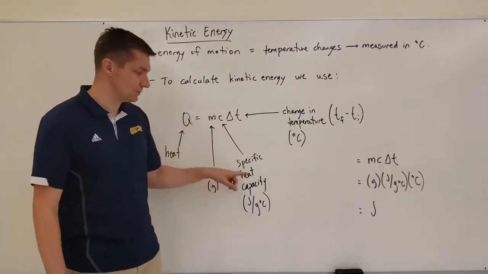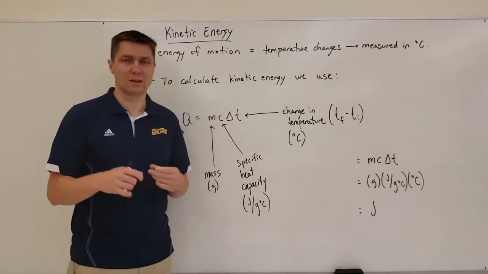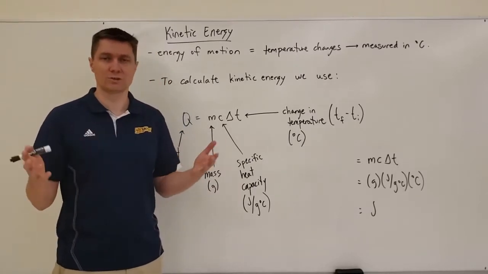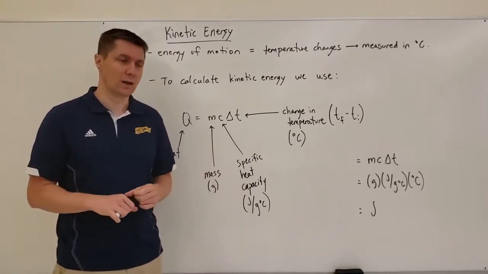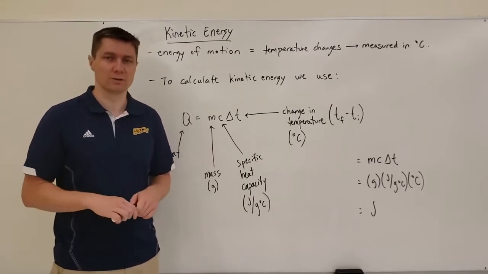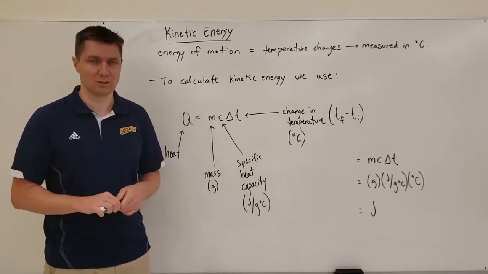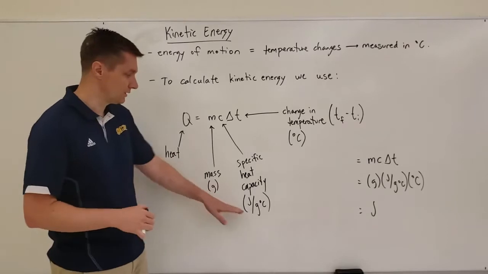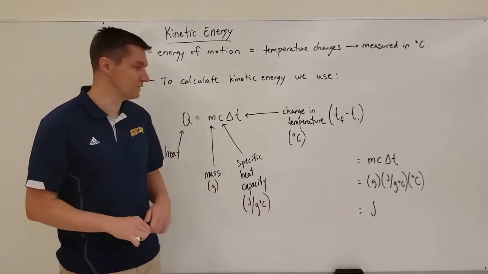C stands for specific heat capacity, and this is a constant for whatever substance it is that you're using, and this is found in your data booklets. You can find a variety of different specific heat capacities in your data booklet, but that's measured in units of joules per gram degrees Celsius.